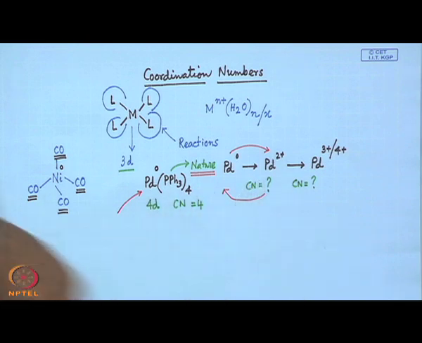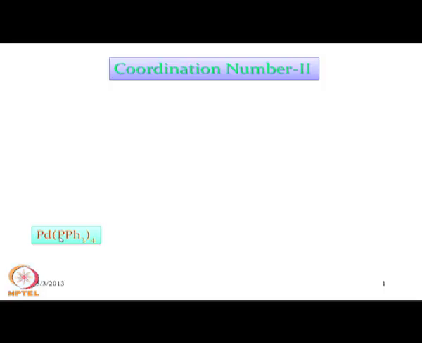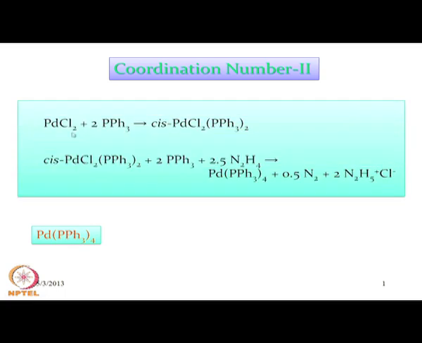If we have the tetrakis triphenyl phosphine palladium 0 compound, it can be very easily prepared through this particular reaction scheme, where, as we all know, palladium chloride, which is a little bit bigger compared to nickel in the 4d series of elements, reacts with two molecules of triphenyl phosphine giving a product which is basically a cis product.